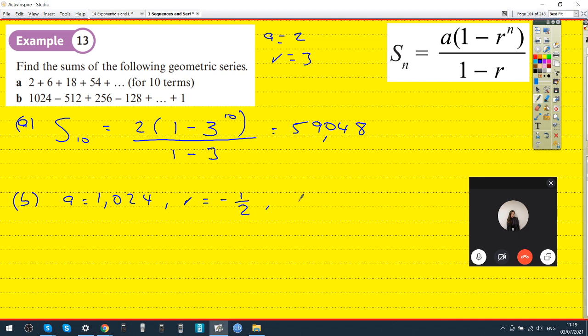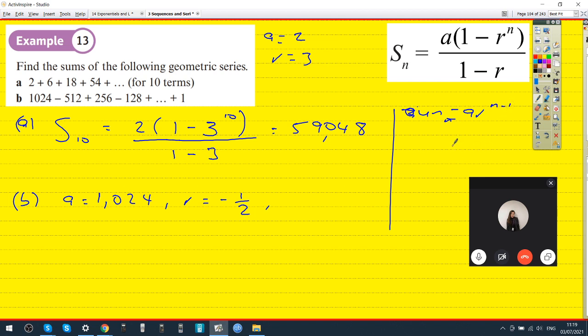Okay. So I'm thinking what we did with the sequences. ar to the n minus 1. Yeah. So let's say un is equal to ar to the n minus 1.